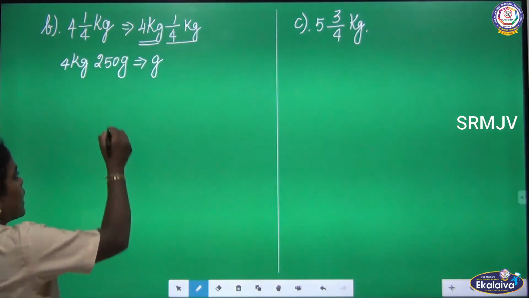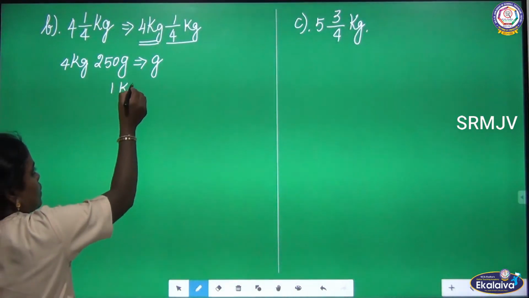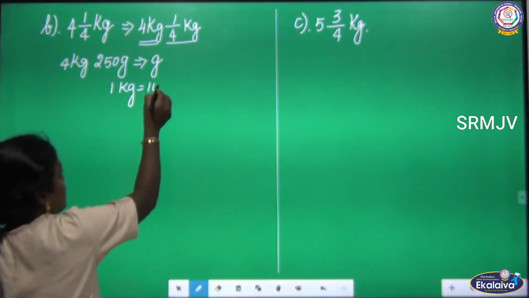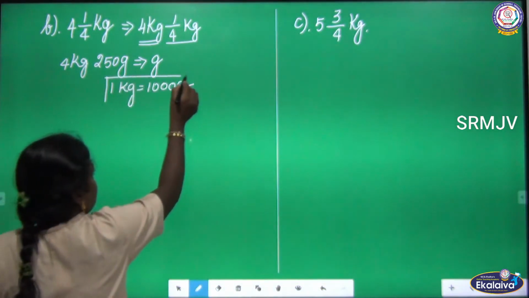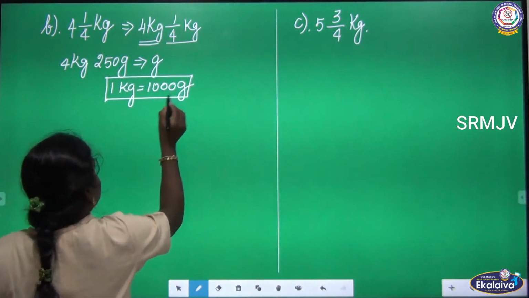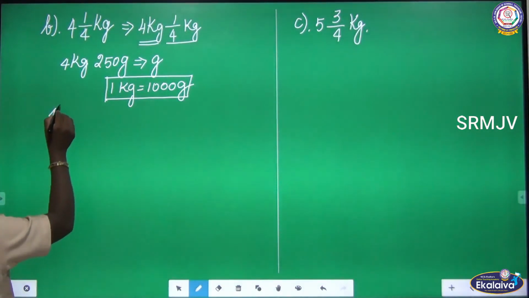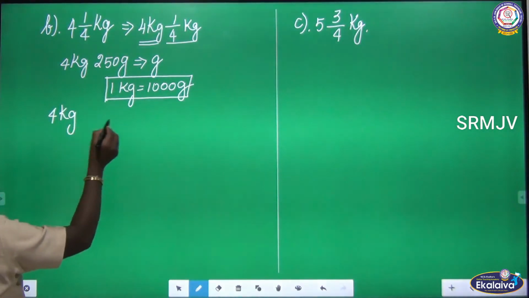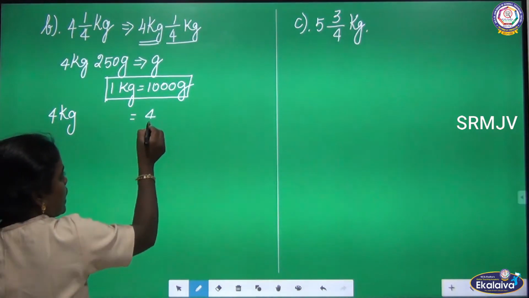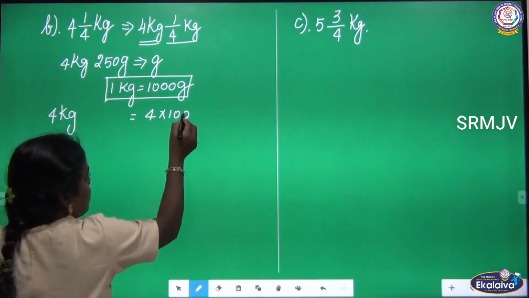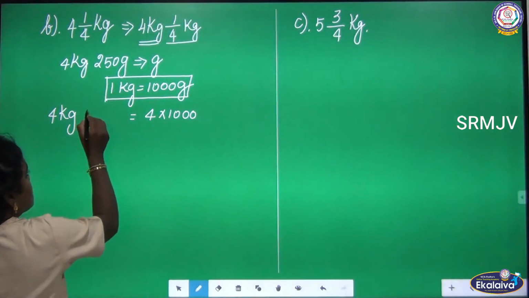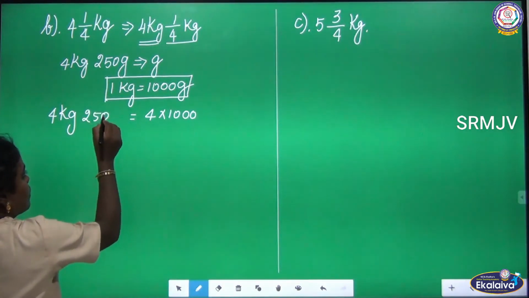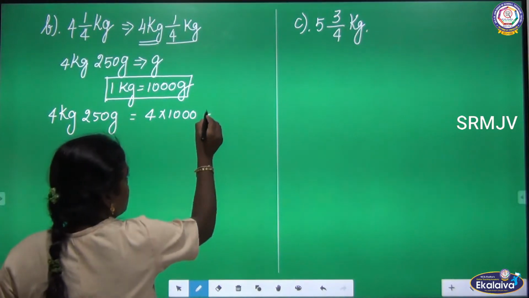So now let us write the formula. 1 kilogram equal 1000 gram. Here the number we are going to multiply is 4 because it is given with the unit kilogram. Multiply the number 4 by 1000. In the next is 250 gram. We have to add the number.